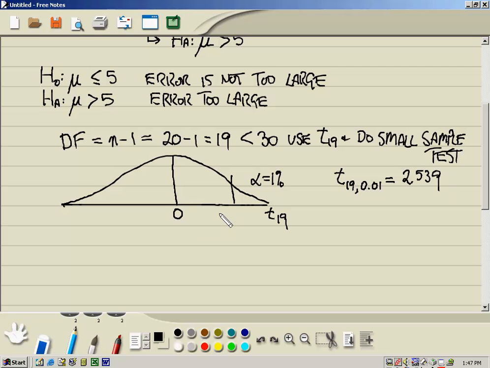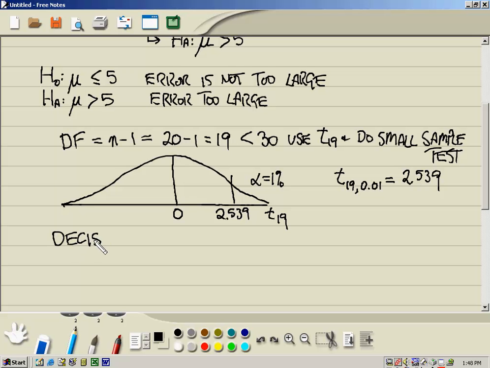This is an upper tail test, so the critical value that we're going to use is a positive 2.539. And from here we can make our decision rule. If we get a calculated t-value less than 2.539, it's possible the error is not too large. If we get a calculated t-value greater than 2.539, it is likely the error is too large.